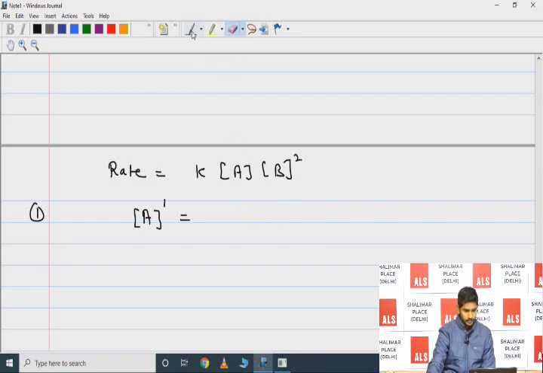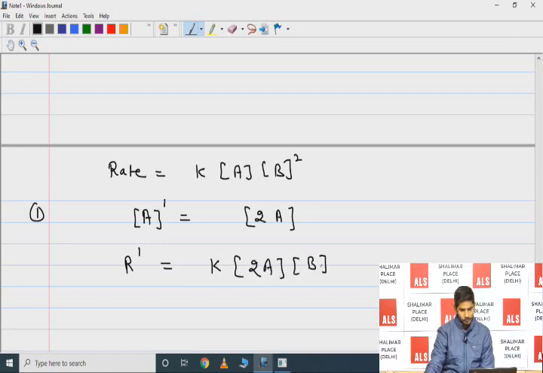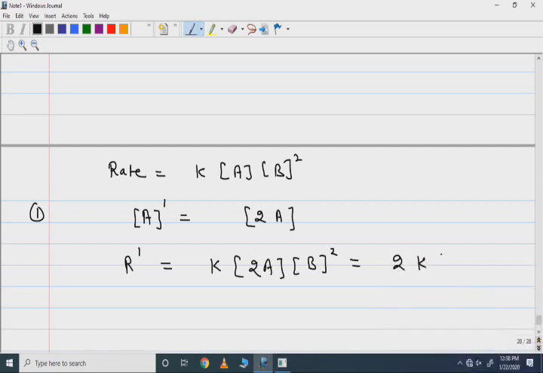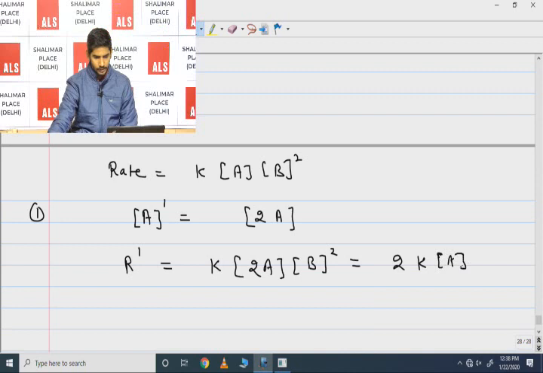So the new rate R dash is K 2[A][B] square. I can take 2 common outside, K[A][B] square. So this is twice the previous rate. So it is increased by 2 times.